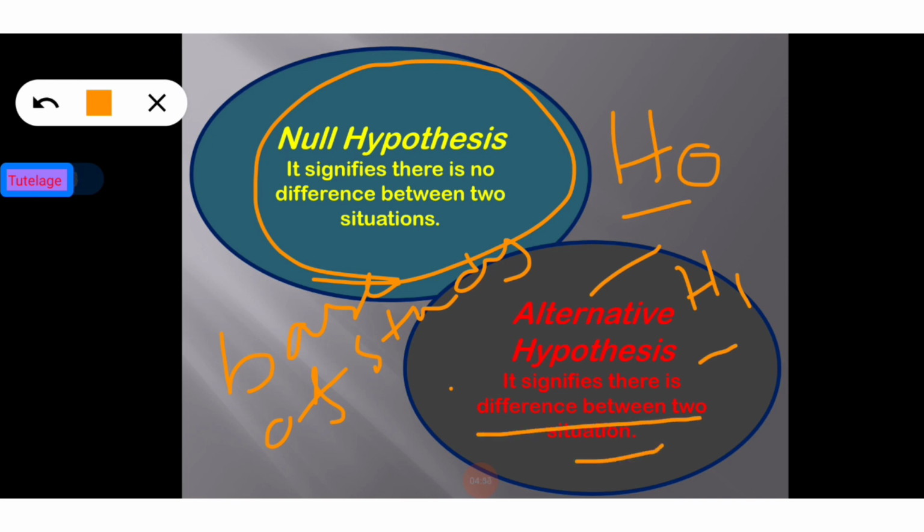Null hypothesis means there is no difference and alternative hypothesis means there is a significant difference between two variables.